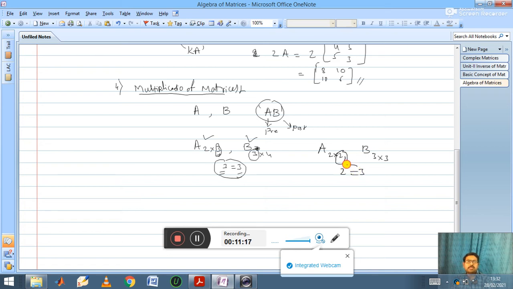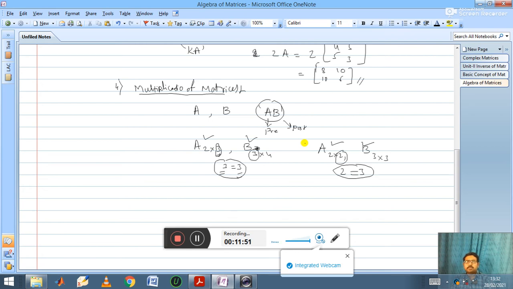Then in this case you can't multiply these two matrices, because the criteria is not satisfied. So whenever they give matrices for multiplication, first check whether the two matrices are eligible for multiplication or not. Once again, the eligibility criteria is that the number of columns in the first matrix should be equal to the number of rows in the second matrix.